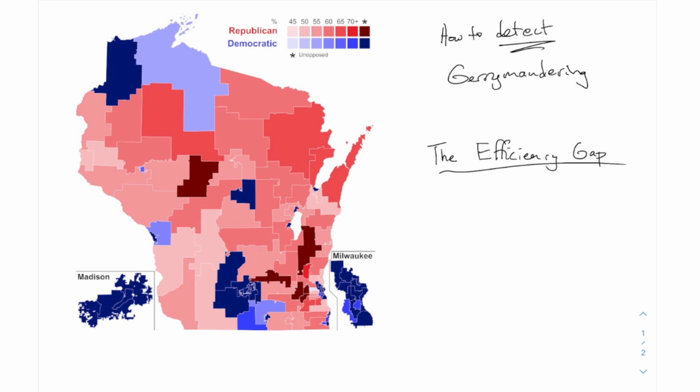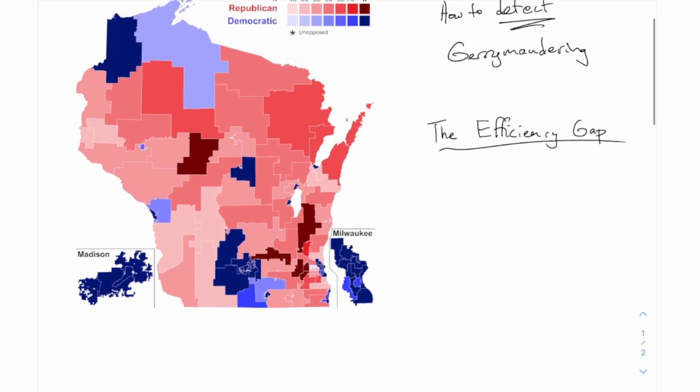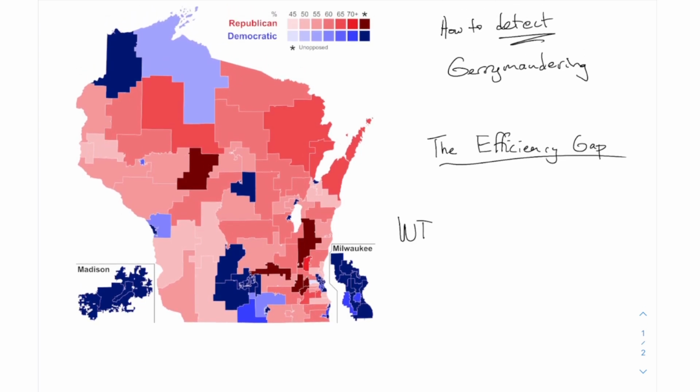And this is a great example, this picture here. What you see in this picture is the state of Wisconsin, their state house. So this is not the representatives in the U.S. Congress, but within the states, every state has their own system of local representatives. And this is the Wisconsin one.